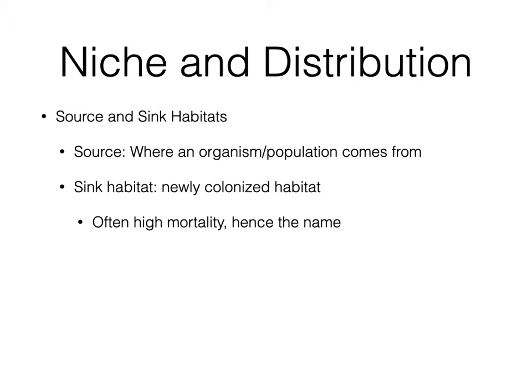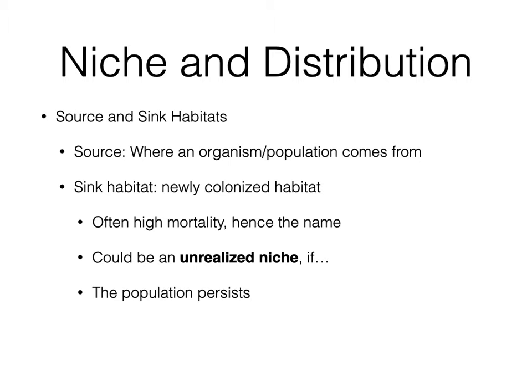But in cases where there isn't high mortality in these sink habitats, that leads to the potential of an unrealized niche being found by this newly colonizing organism. And so an unrealized niche, an area where an organism that was previously not exposed to those resources and that role could eventually thrive, happens when the population persists.